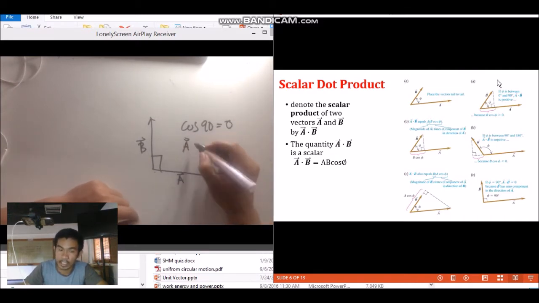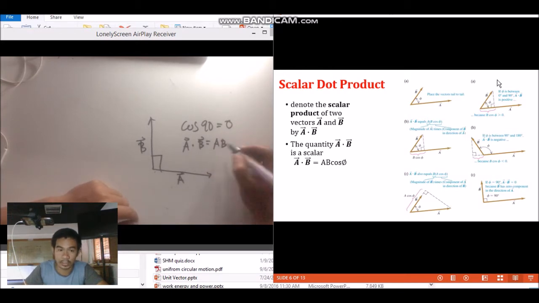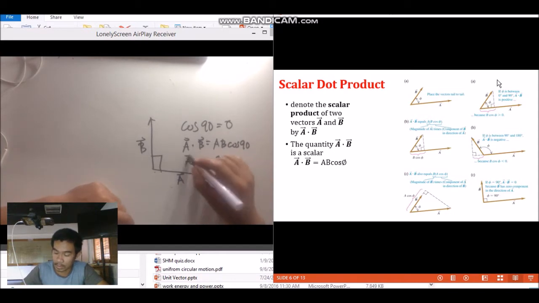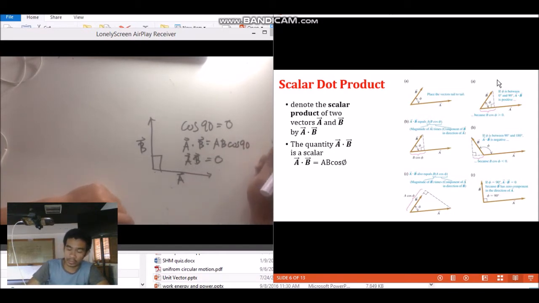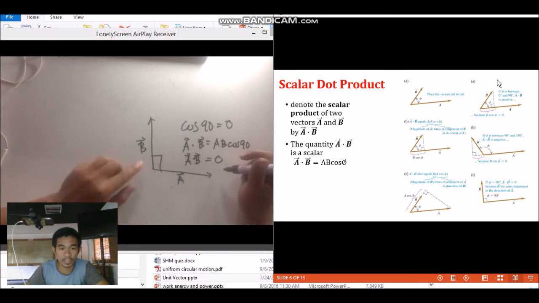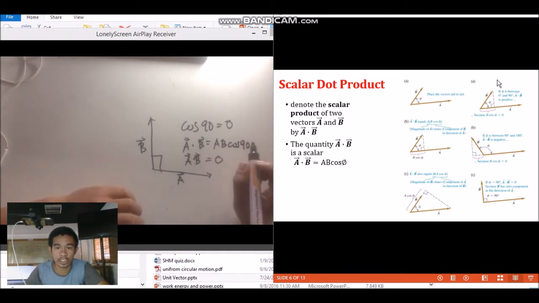So vector A dot vector B is the magnitude of vector A times magnitude of vector B, times cosine of 90, and cosine of 90 is 0. So multiplying by any magnitudes of vector A and vector B gives 0. Vector A dot vector B equals 0 if these two vectors are perpendicular to each other.